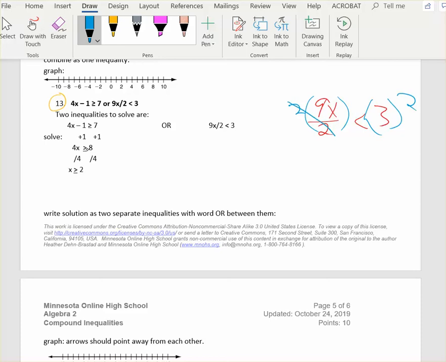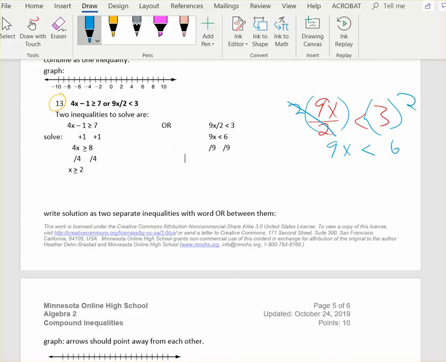So we would multiply both sides by 2, and we're left with, on the left side, 9x, and on the right side, 6. Type that, so we have 9x is less than 6 after multiplying both sides by 2. Now we would have to divide both sides by 9 because we need x by itself.